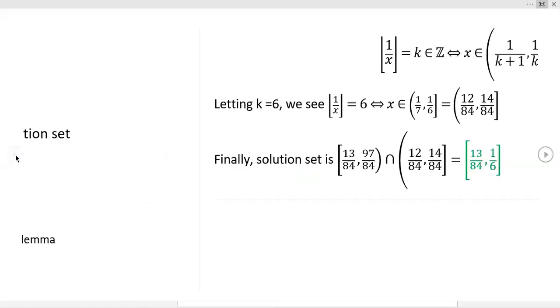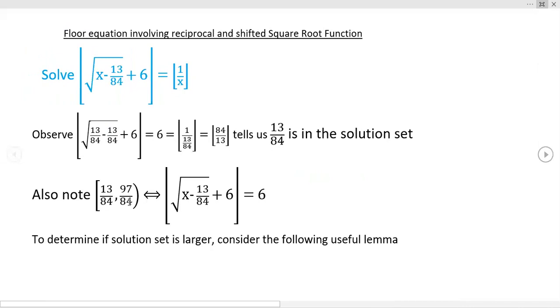Now, if you go back to the left-hand side, we're getting into numbers that are much bigger than 1. Since this is an increasing function, 97 over 84 is bigger than 1, and that would lead to the floor of 1. And then if you added another 84 to that, you'd get 181 over 84.